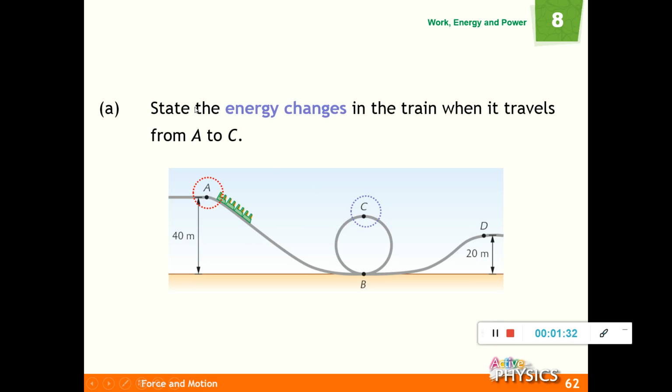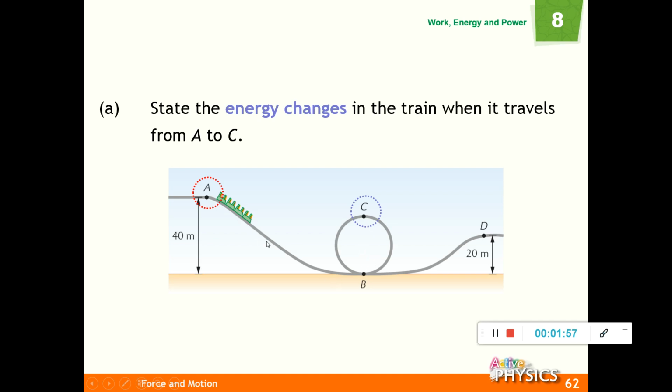Now the question: state the energy changes in the train when it travels from A to C. Energy change. So you should emphasize different types of energy. At A, we have GPE, we also have KE. But what is the energy change from A to B, B to C, and so on?